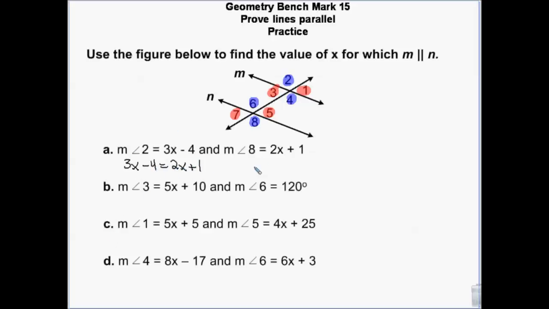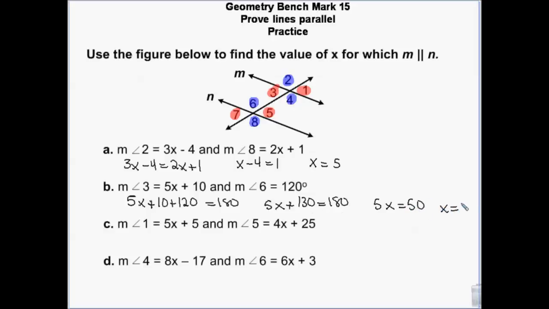And if I subtract 2x from both sides, I get x minus 4 is equal to 1. And then if I add 4 to both sides, I get x is equal to 5. 3 and 6 add up to 180, so 5x plus 10 plus 120 equals 180, so 5x plus 130 equals 180, so 5x equals 50, so x equals 10.